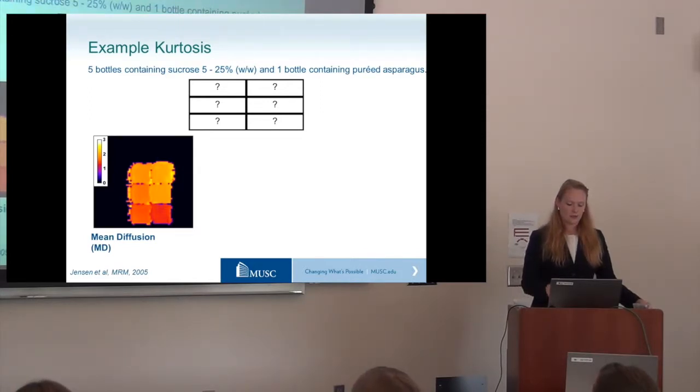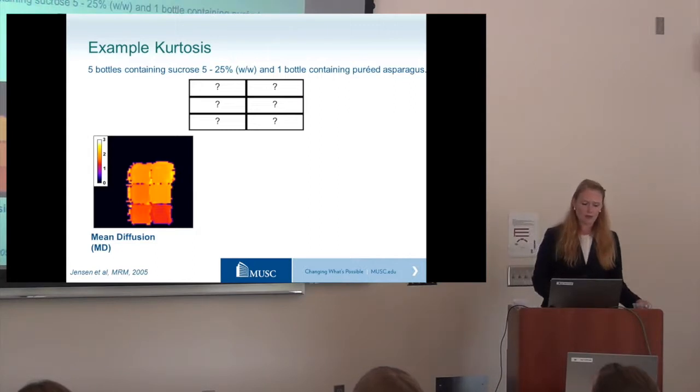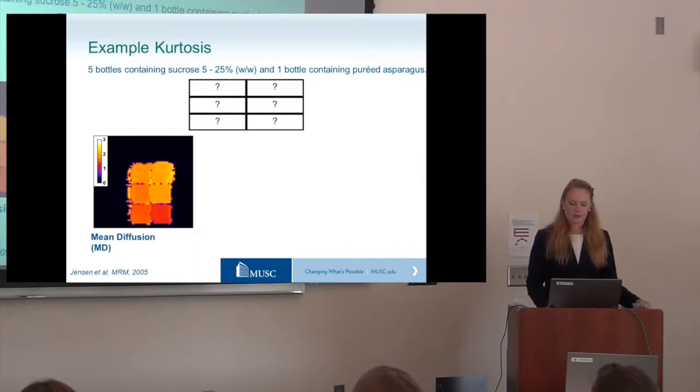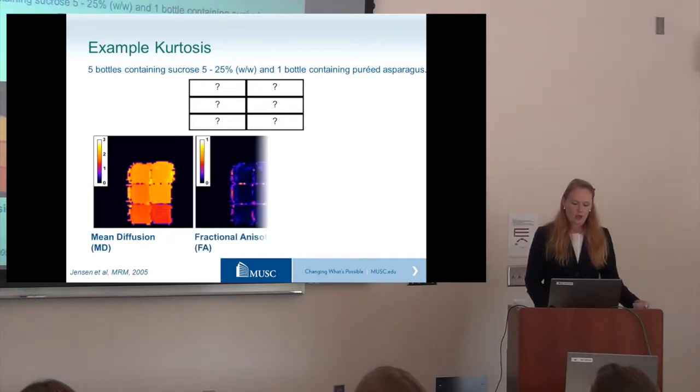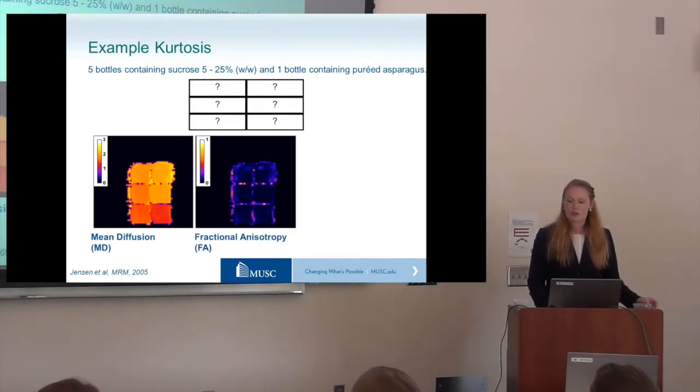the mean diffusivity would look like. It seems very homogeneous. You might think this one on the bottom right potentially is the one with asparagus, but there's not a clear distinction. The diffusivity seems to be very similar depending on if there's asparagus or sugar molecules in the water. If you calculate fractional anisotropy, there's even less difference. There's no preference for directionality in any of these vials.